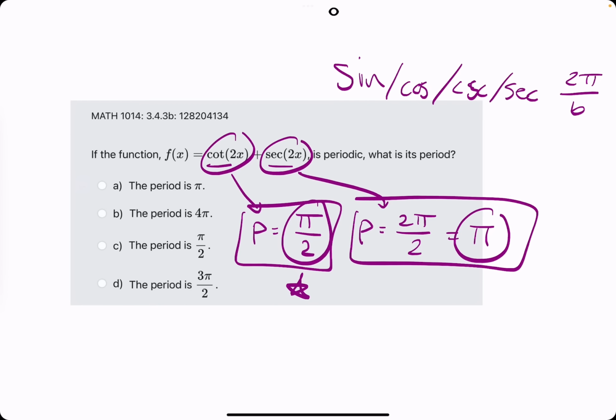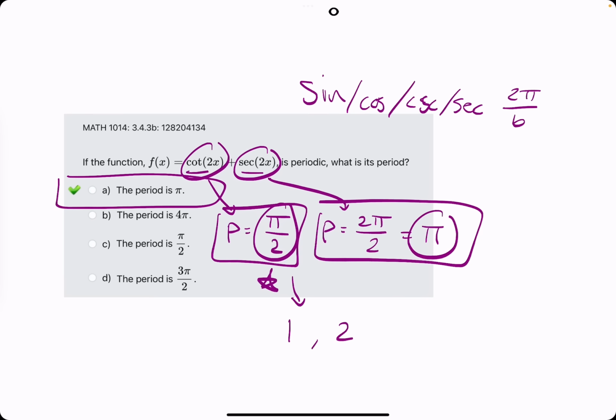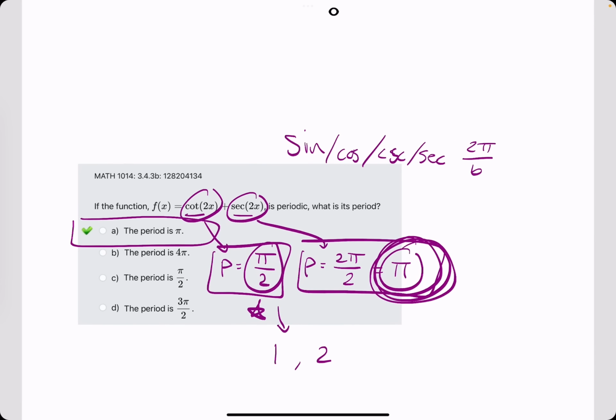It'll take pi over 2 for the first cycle, and then once it adds another pi over 2, it'll get to pi, and it'll be a second cycle. The cycles overlap right at pi. Go with the larger value. You get what I'm trying to say, hopefully. Go with the larger value of the two different periods you get.